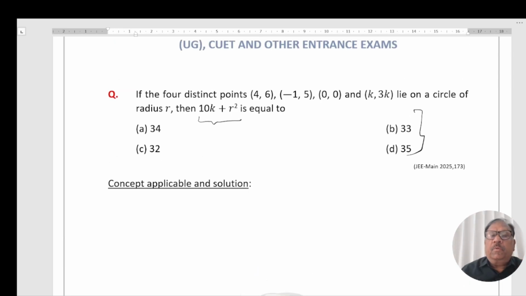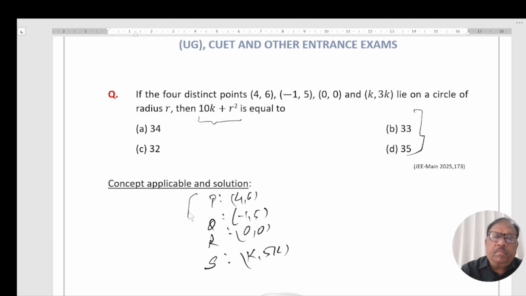4 points are given to you, P(4, 6), Q(minus 1, 5), R(0, 0) and (k, 5k).